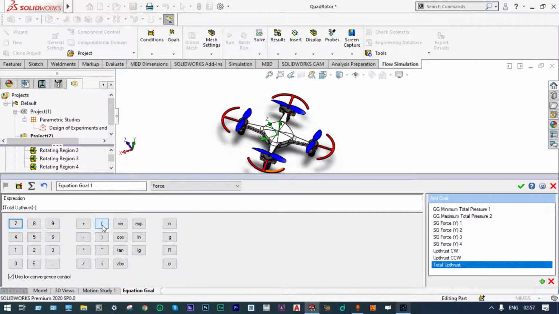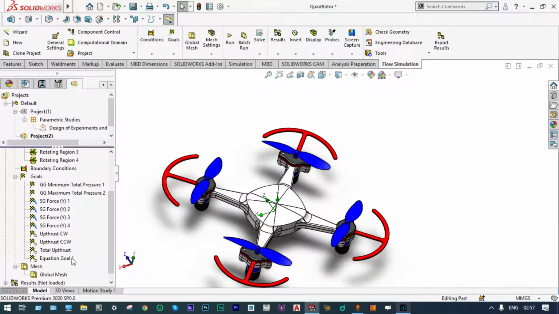We know that the weight of this quad rotor is 45 grams, so it will be minus 0.045 kg multiplied by 9.81, bracket closed. So this is the net upthrust, that is total upthrust minus weight of that quad rotor. Green check. And we can rename this one as net upthrust.